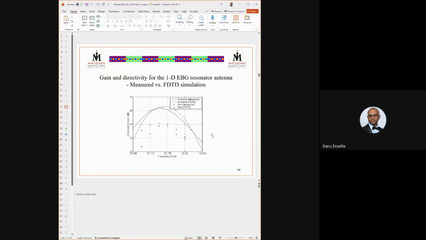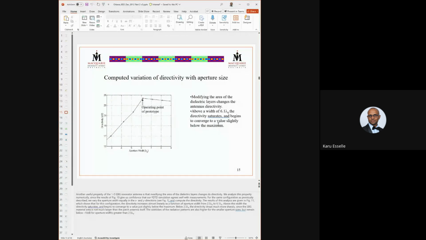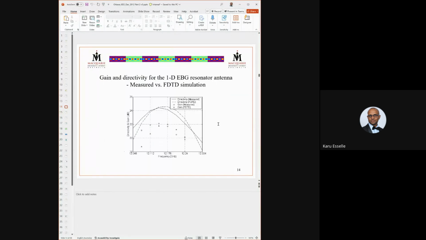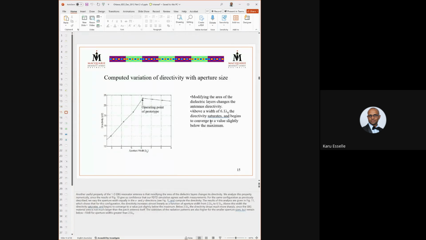These are the measured directivity and gain versus frequency. So this was one of the very early 1D EBG resonator antennas. It still has reasonable measured performance.